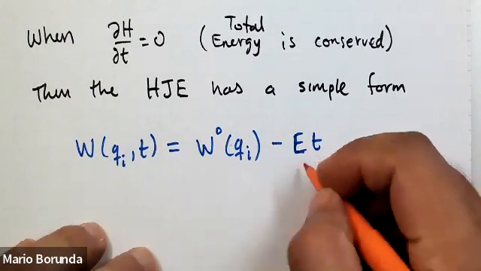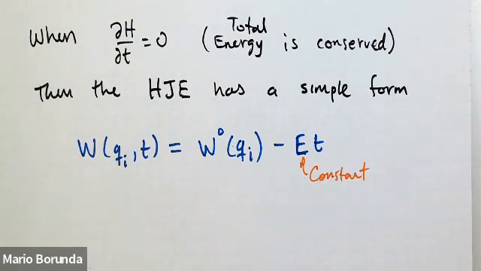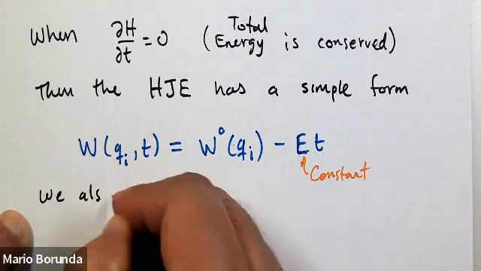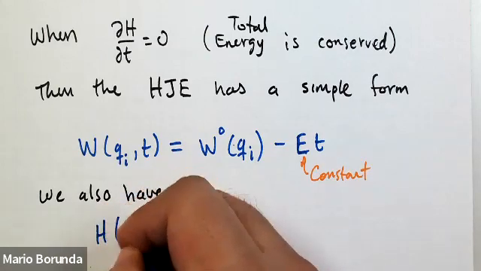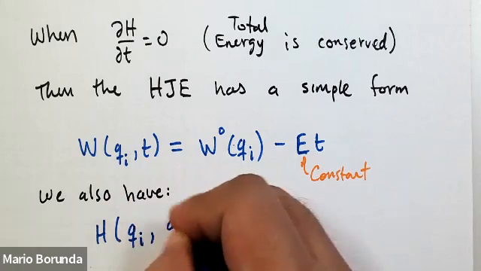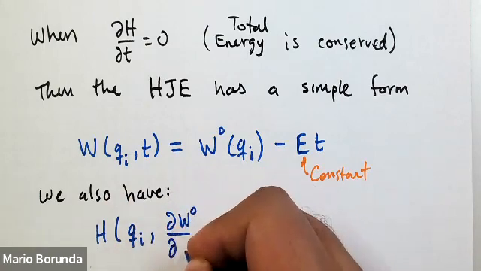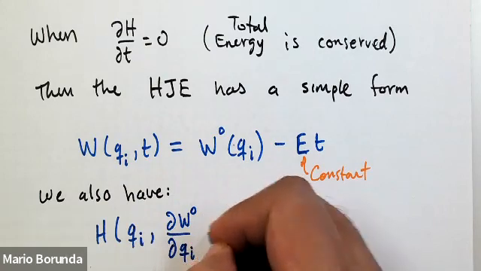So in this case, this is a constant. And then since the time dependence has dropped out, your Hamiltonian is going to depend on q, on how this zero order W behaves, and not time.